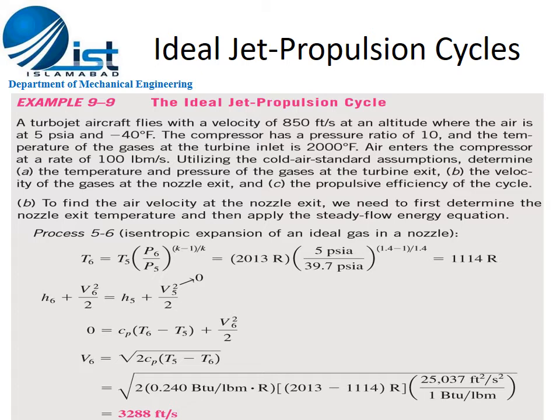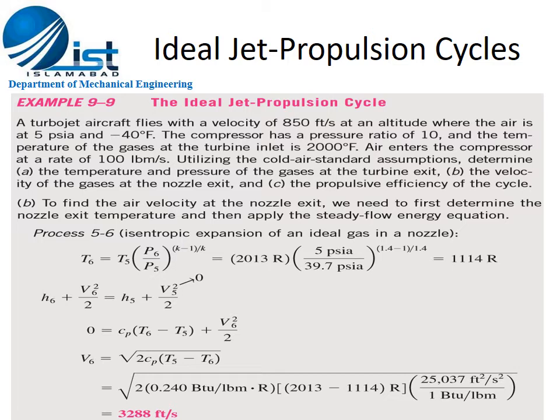So process 5 to 6 is an isentropic expansion of an ideal gas in a nozzle. So using the temperature and pressure relation, T6 comes out from the relation T5 into (P6 divided by P5) raised to K minus 1 divided by K. Putting all the known values, we can calculate it easily. T6 is equal to 1114 R.